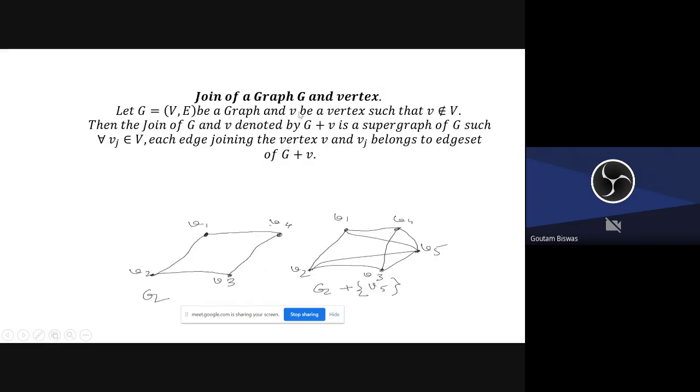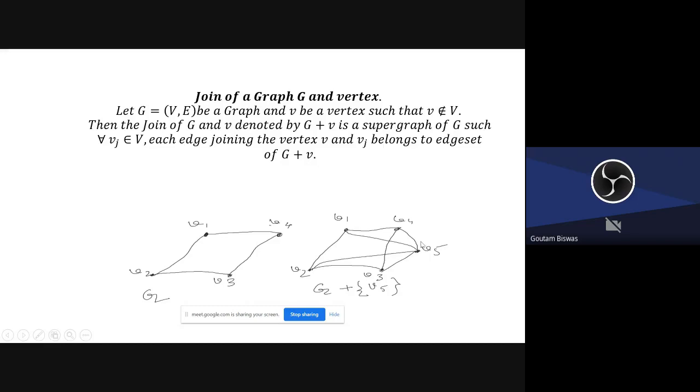Join of the graph G and a vertex is denoted G plus V. So for all, G plus V is a supergraph. Supergraph means this is the graph G and this is G plus V5.